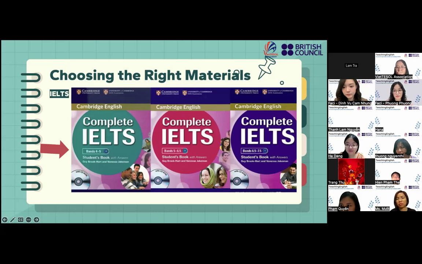In addition, with the scaffolding activities, we can help students step by step get into the text rather than throw the text at them without any help. Scaffolding will help students improve their reading skill as well as be engaged in the reading text. Thank you so much. That's a wonderful answer.